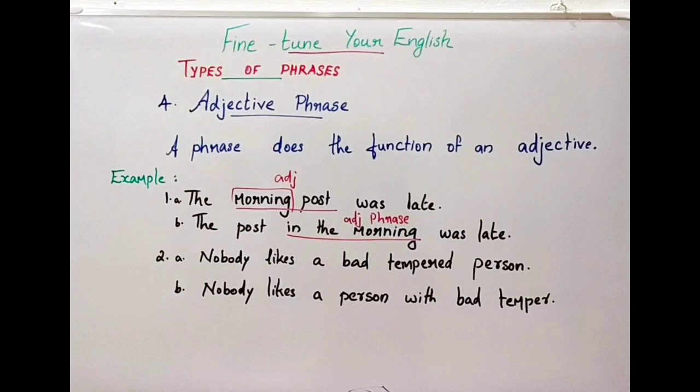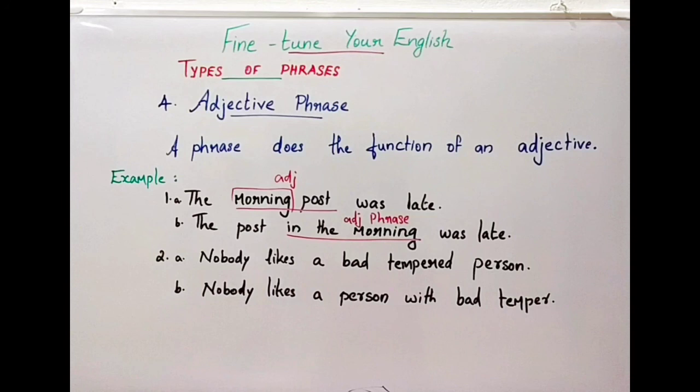The post in the morning was late. There, in the morning is an adjective phrase. See, in the morning explains the same thing, something more about post, but it's a collection of words. It's a combination of a preposition, a determiner, and a noun.